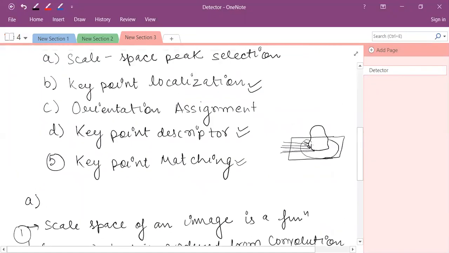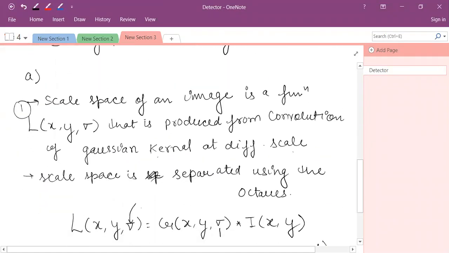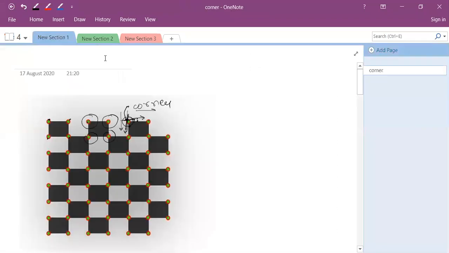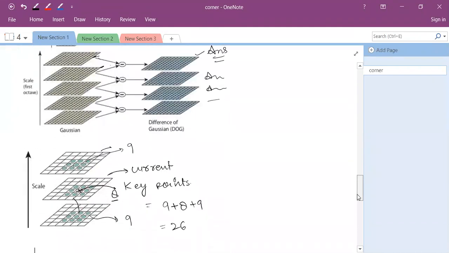Now what is the next step? The next step is called key point localization. In key point localization, the point you are selecting from this diagram, in this case the cross one, the key point, this diagram belongs to which region?